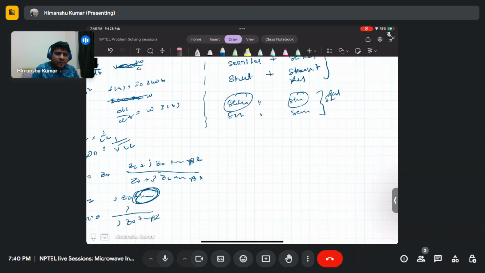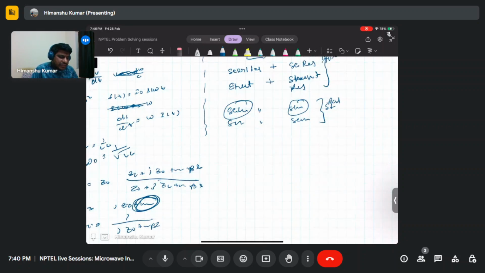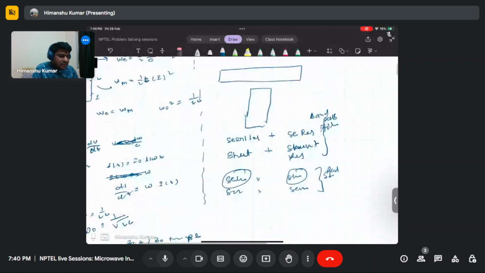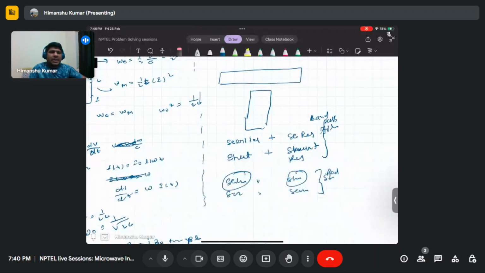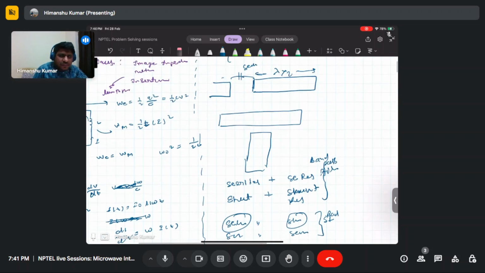What is the problem in that? In certain conditions you can't, because that open circuited line is not correct in that sense. So that topology is not good. If you use another topology, it may have better characteristics, or better performance compared to the other topology.